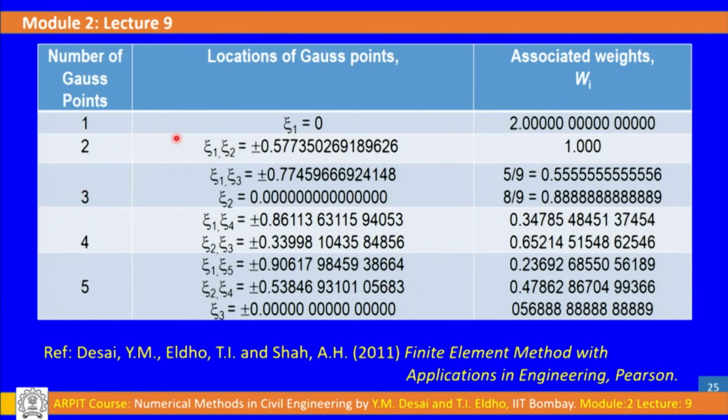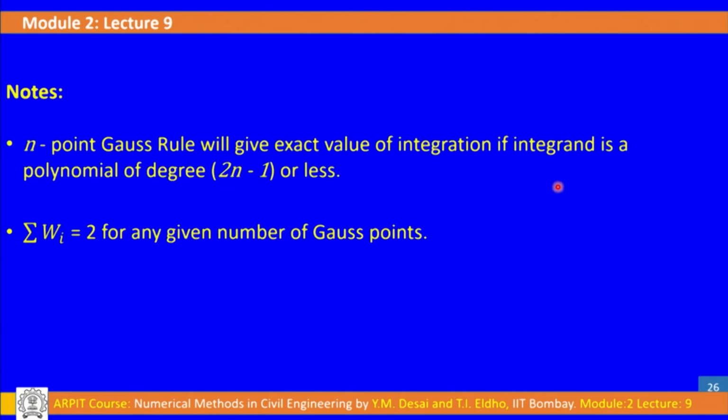That is the reason why if you take only one Gauss point, the weight is 2. When you take 2 Gauss points, w 1 is 1, w 2 is also 1. So, w 1 plus w 2 is 2. Similarly, one more example, number of Gauss points equal to 3, 2 of them have weights 5 by 9. So, 5 by 9 into 2 plus 8 by 9 is again 2. So, summation w I is always 2.